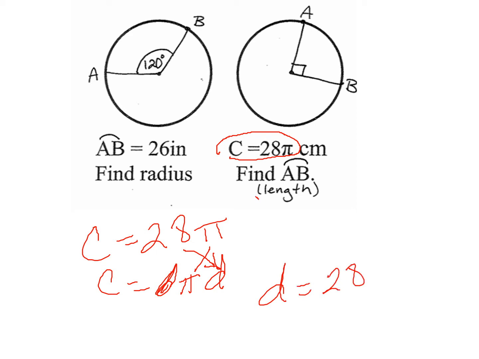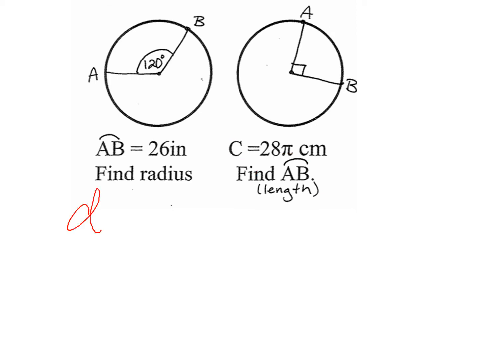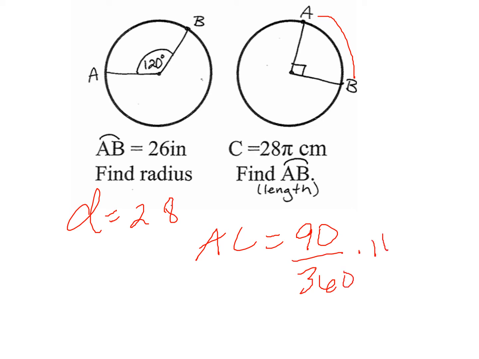Now we're going to find the arc length of AB, so we got to do the arc length formula. So I'm going to erase all this. My diameter is 28. Arc length formula. Degree, well, look up here. That's 90 degrees to match the angle. Over 360 times pi times diameter, 28.